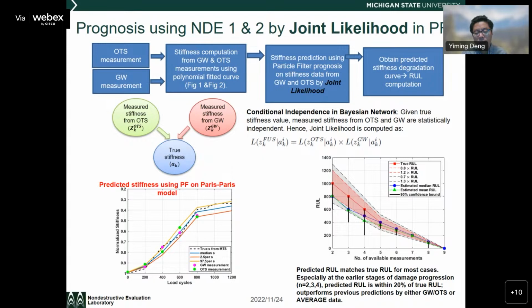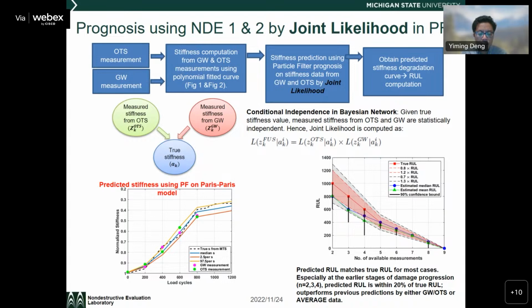Although the prediction accuracy of the RUL might be better, it's very hard to explain the physics. Well, we now put everything into this Bayesian network, and using the joint likelihood as the multiplication of each individual one with the independence assumption, we can use that joint likelihood in our prediction. You can see this from our prediction here.